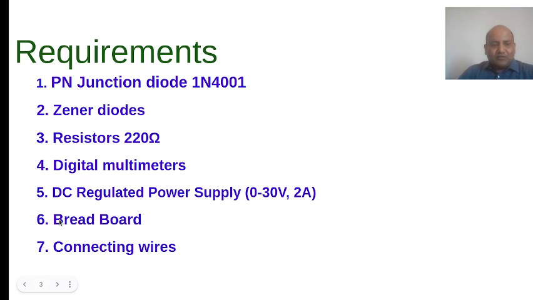Another thing is the breadboard, which provides vertical and horizontal rails, where you can mount all the components, like zener diode, resistor, digital multimeter. Finally you need many connecting wires for connecting the different components on the breadboard.